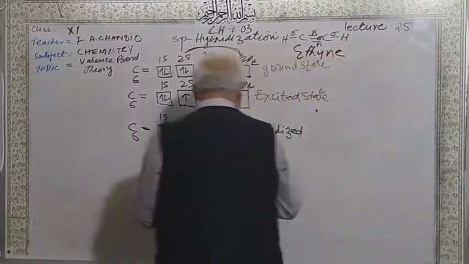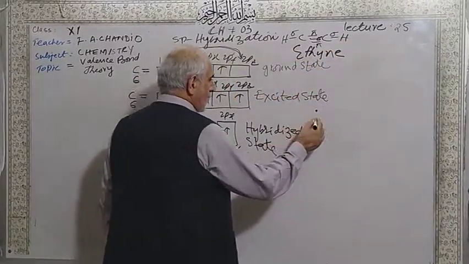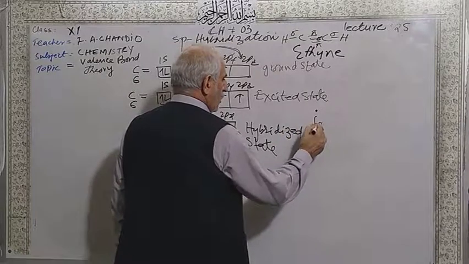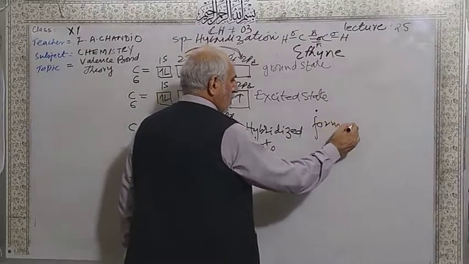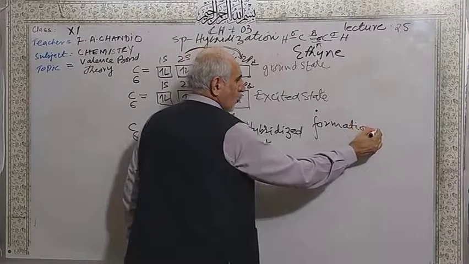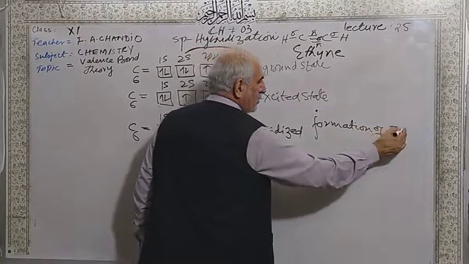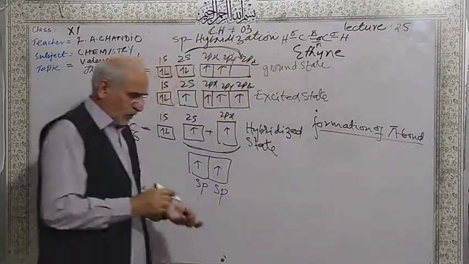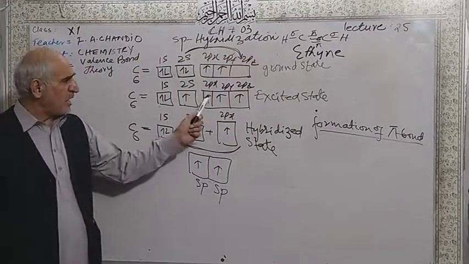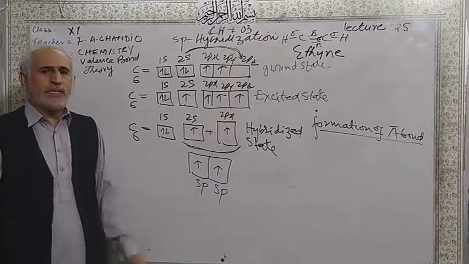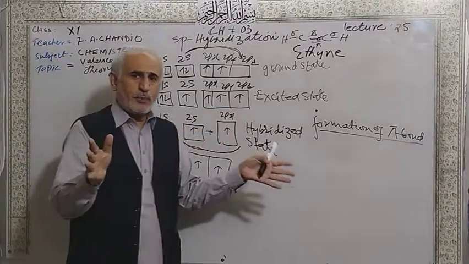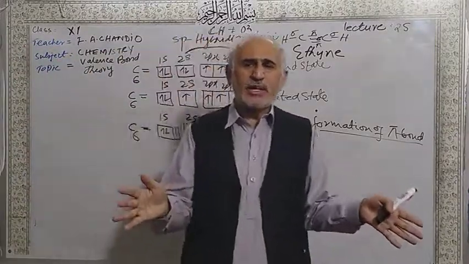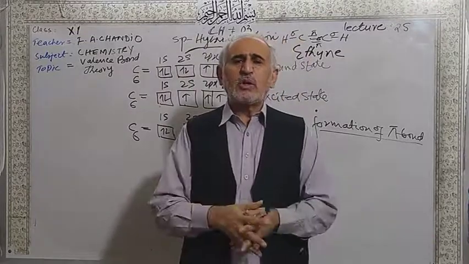Now the students want the formation of pi bond. For the formation of pi bond, these 2py and 2pz, which do not participate in the hybridization approach, are going to participate.